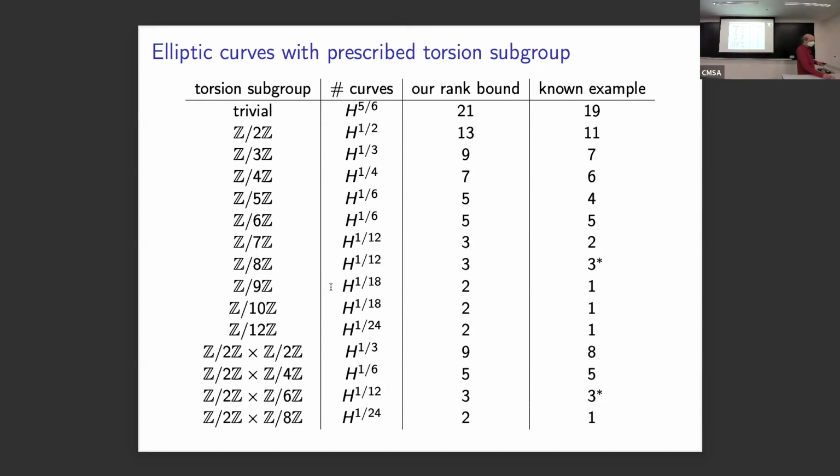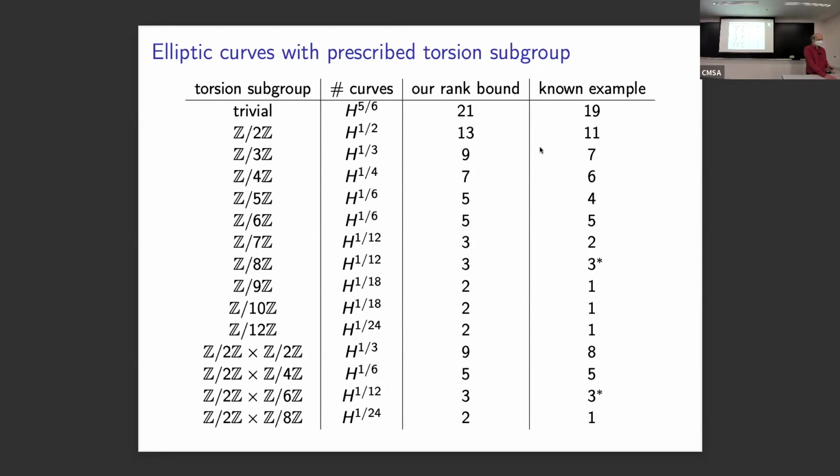If you trace through the probabilistic linear algebra, our rank bound predicts that among this family, instead of 21, there should be only finitely many elliptic curves of rank greater than 2. And you can ask how that conforms to reality. In that case, there is a known infinite family where the rank is at least 1, but it's not beyond that.